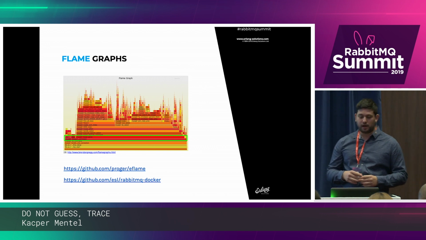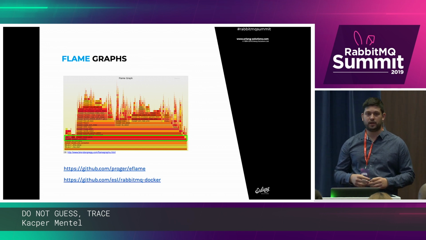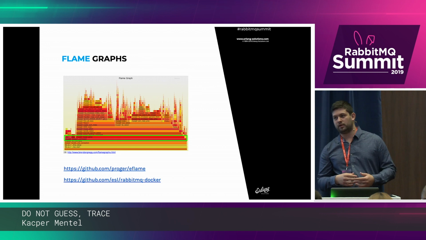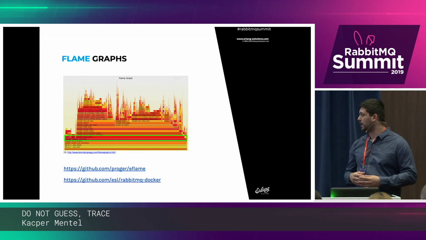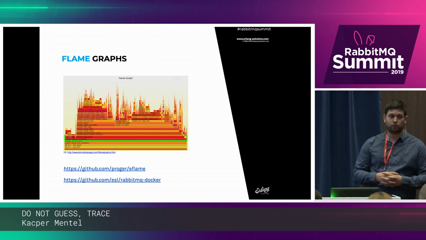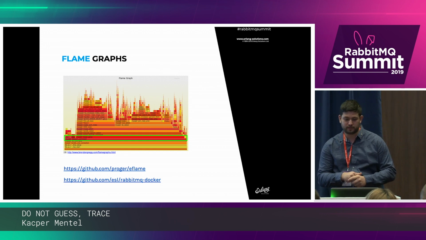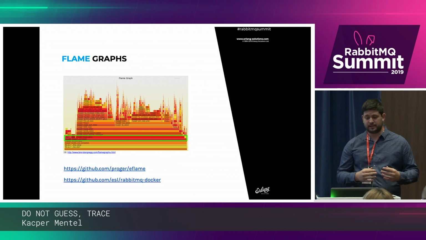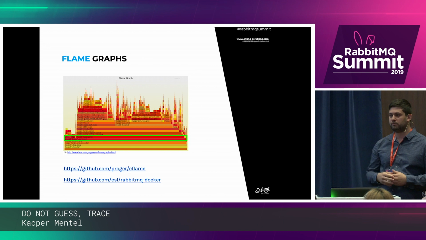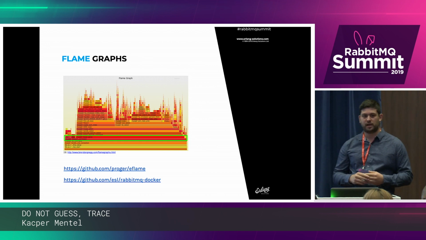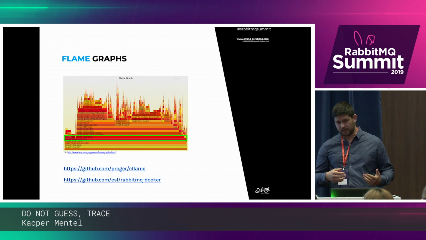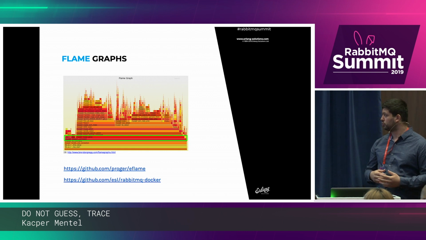For Erlang, we have the iflame library that gathers traces of a particular function and builds a flame graph out of it. So we decided to use iflame in our load tests. But as I said before, every single application that runs in our load test platform runs inside a Docker container, and RabbitMQ was no exception.